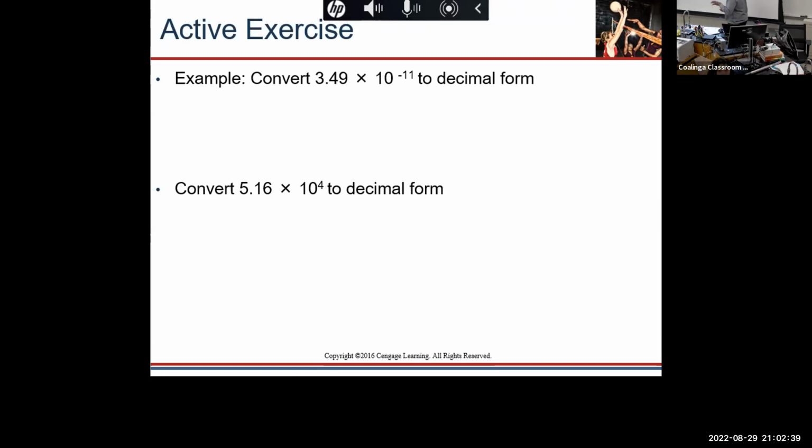Okay, so we're gonna convert scientific notation to our standard form, decimal form.